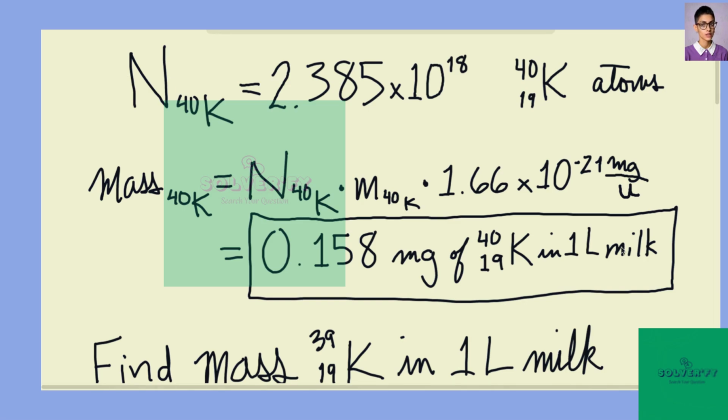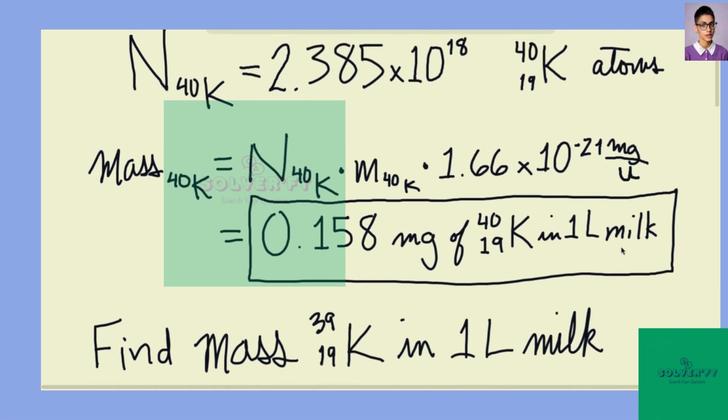The second part of the problem asks us to find how much potassium 39 is in the milk as well, given that we know how much potassium 40 is in the milk.